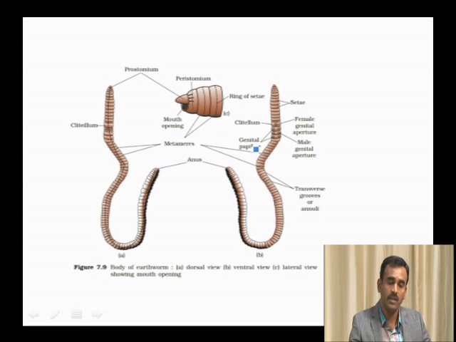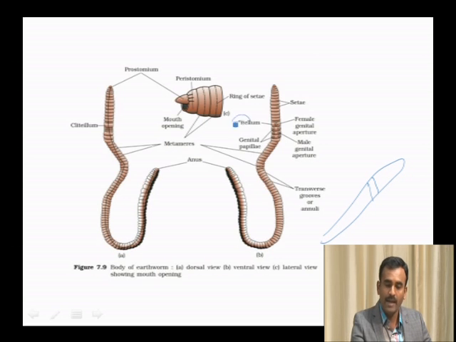First, let us take the external morphological features of the earthworm. As we know, earthworms are commonly called farmer's friend because they help in the decomposition process and also the enrichment of nitrogen in the soil. The body of the earthworm is segmented, and externally it can be divided into three major parts. Number one, the preclitellar part.